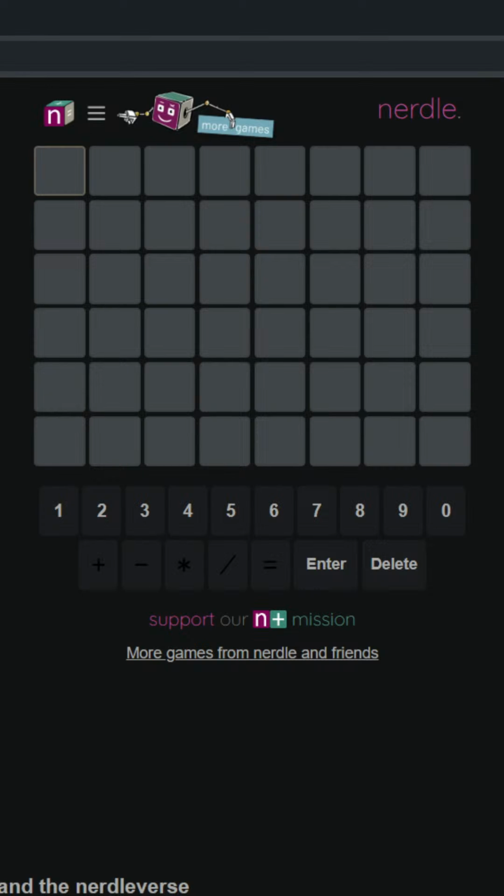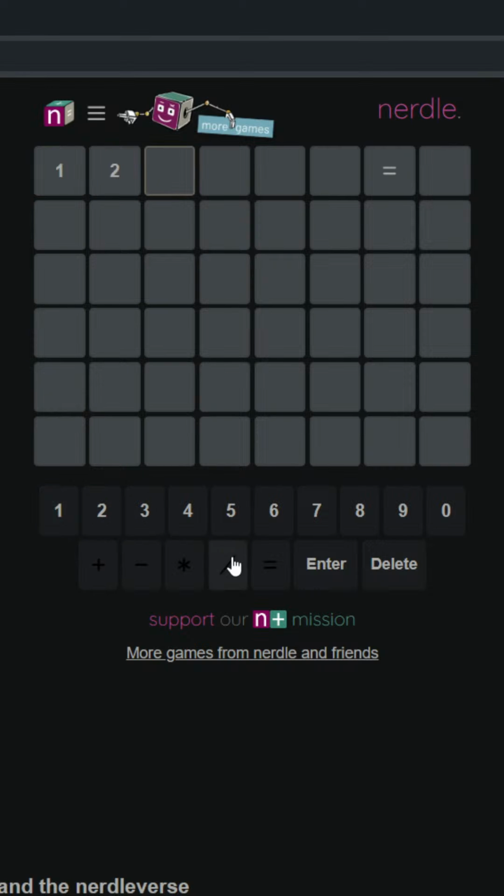It's very important to have a good starting equation. That typically involves using multiple digits and not having repeat digits. So let's put the equal sign here. And then let's see.